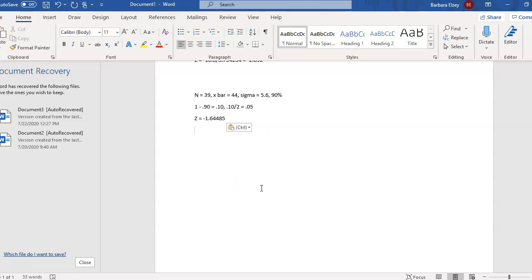All right, so our formula is X bar plus and minus z times sigma divided by the square root of n. So let's fill into that. Our X bar is 44 plus and minus the z that we just got, and we don't need to put the negative: 1.64485 times sigma, which is 5.6, divided by the square root of 39.